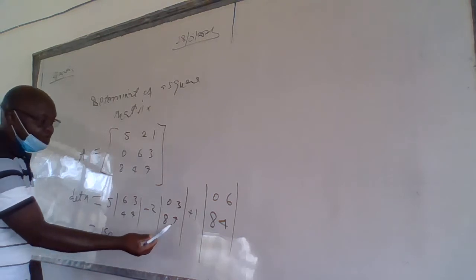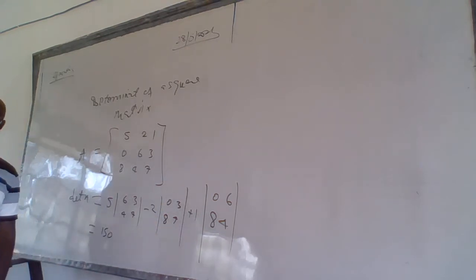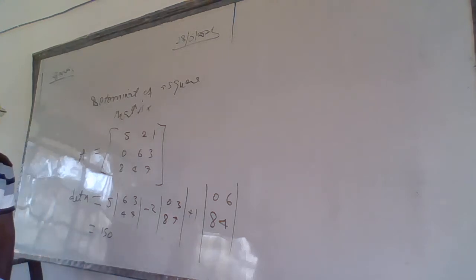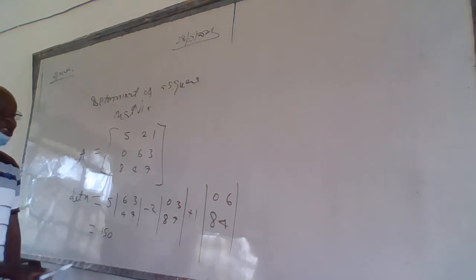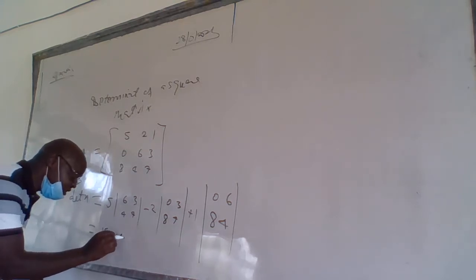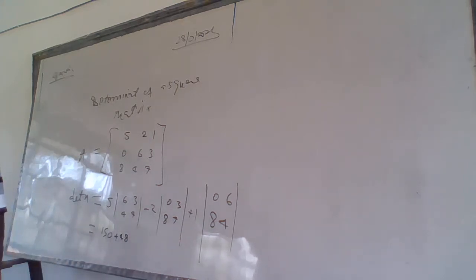Then 7 times 0 is 0, minus 8 times 3 gives negative 24, times negative 2 gives plus 48.